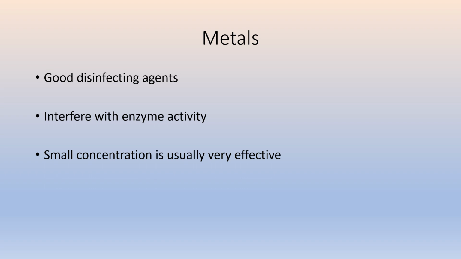Metals are known to often prevent microbial growth, and so you can also test this if you wish. It tends to interfere with the enzyme activity, and if the enzymes can't function properly, chemical reactions aren't going to occur, and so then the organism is not going to grow. Usually a very low concentration is effective for that.